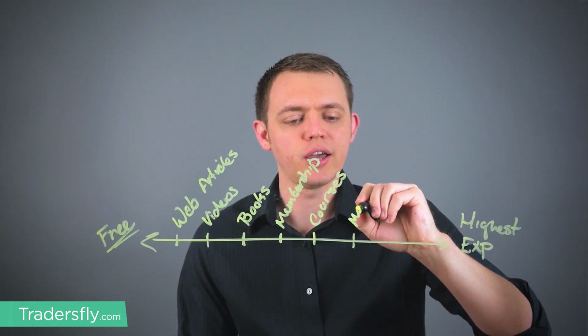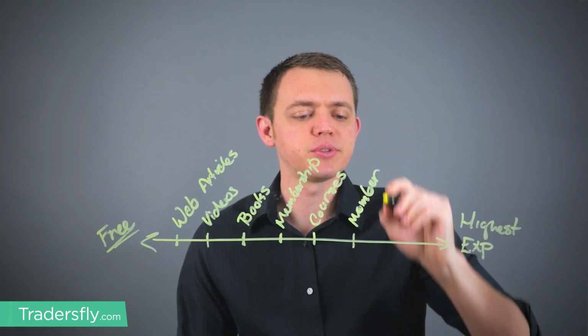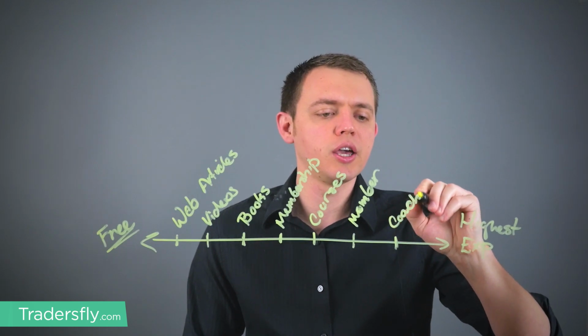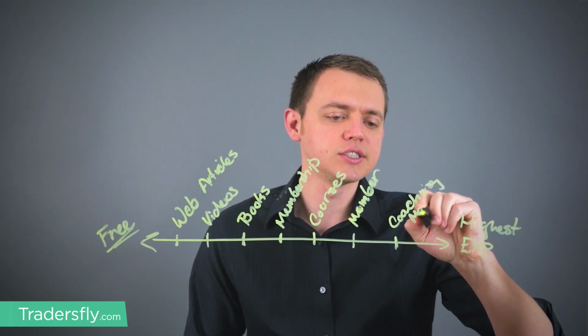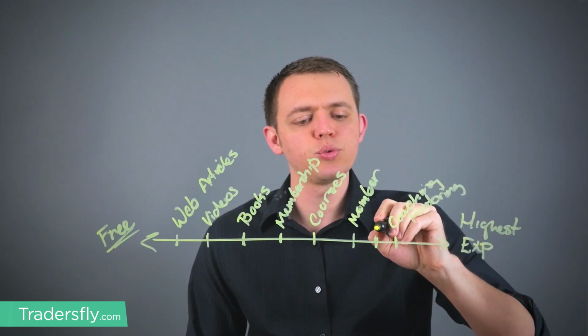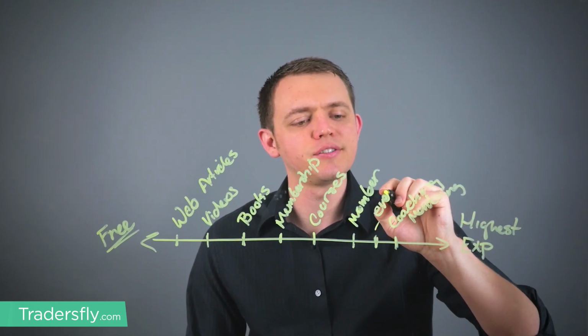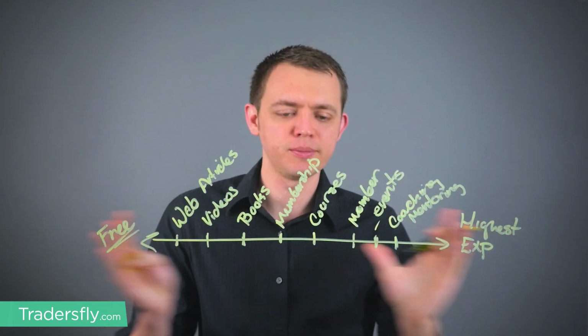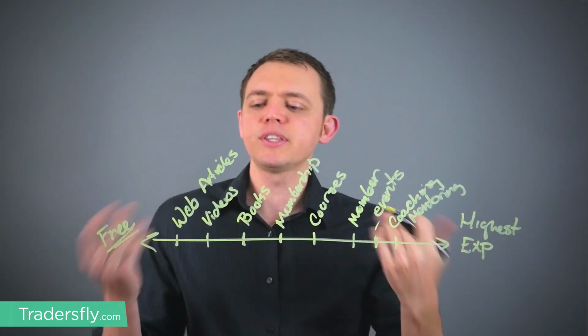And then finally, you get more into coaching or mentoring. This is usually a little bit more expensive. And then maybe in between here also you'll have events, if you go to events. But this is our spectrum, this is our range. This isn't everything, but this is our range.